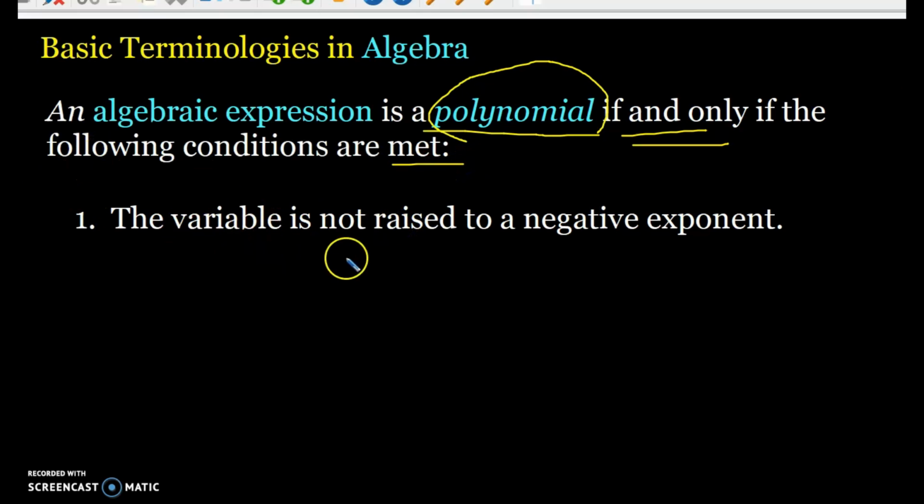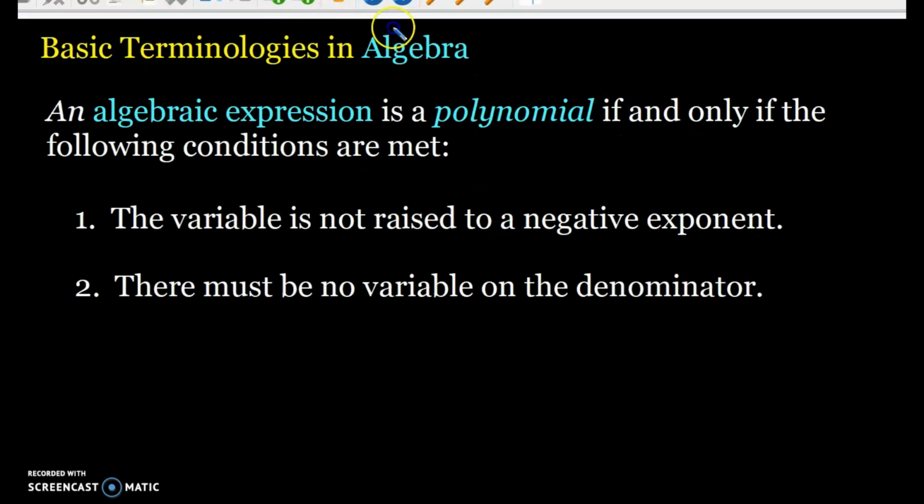First, the variable is not raised to a negative exponent. So, kailangan tignan nyo yung variable sa given expression. Dapat walang negative exponents. So, please take note of that. Next, there must be no variable on the denominator. We happen to have a denominator if the given is a fraction, and we know the denominator is placed at the bottom.